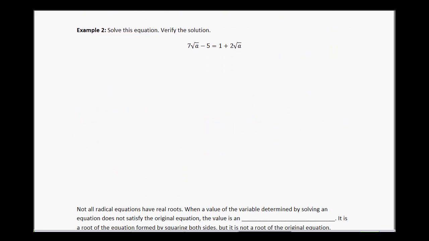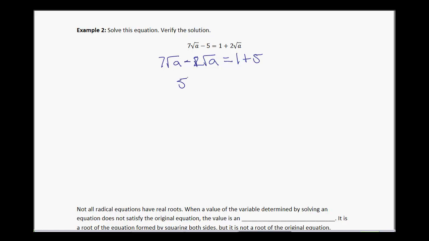Example 2. Solve this equation and verify the solution. So here we need to solve for a. First thing we need to do is collect like terms. So let's put all our radical values on one side of the equation and all our non-radical values on the other side. So moving across the equal sign, our plus 2 root a becomes minus 2 root a equals 1 plus 5.